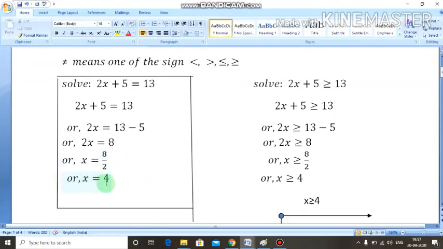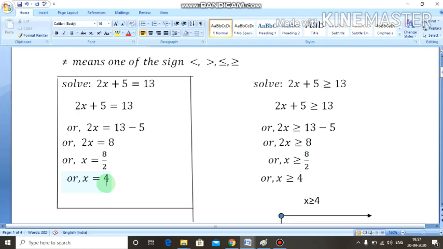So the solving process of an equation is, if you move a term from one side to the other side, then the sign will be changed. If plus in the left hand side, then it will be minus. If minus in the left hand side, then it will be plus. If multiplication in the left hand side, then if you take that term to the right hand side, it will be division.